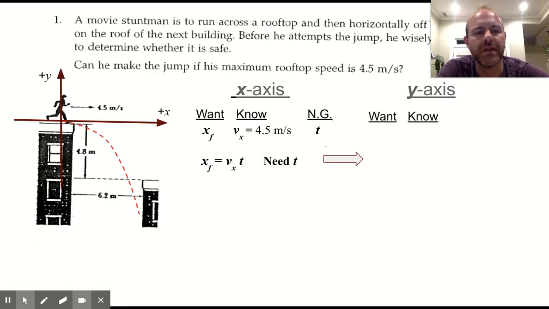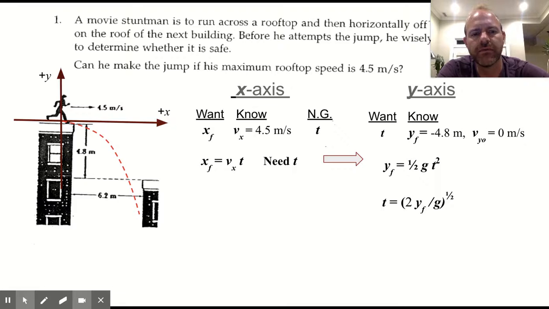And so we want to then look at what we have in the y direction. When we want time, we know the final y position, the initial y position being 0, and we know that the initial velocity in the y is 0 as well. So we can use an equation, y final equals 1/2 g t squared, to solve, plug in our values, and you end up with about a second, 0.98 seconds.